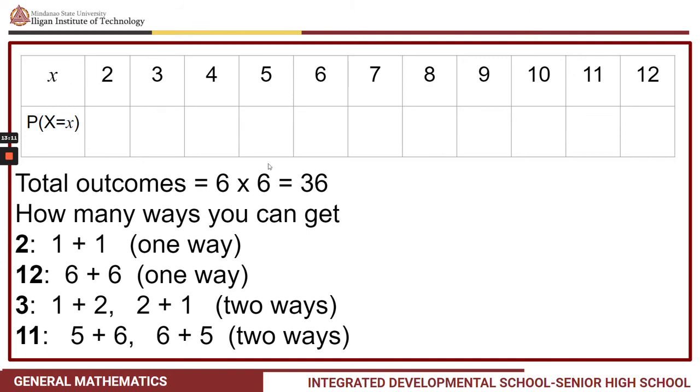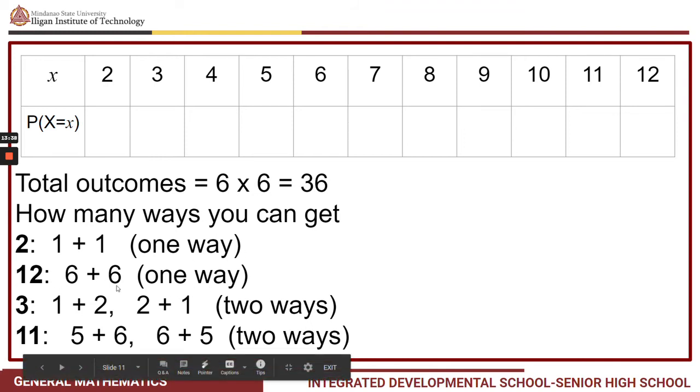Since there are 6 possible outcomes for the first die and 6 possible outcomes for the second die, there are 36 possible outcomes. So how many ways can you get 2? That is only when both are 1, so there is only one way. How many ways would you get 12? That is only one way also, when both are 6.